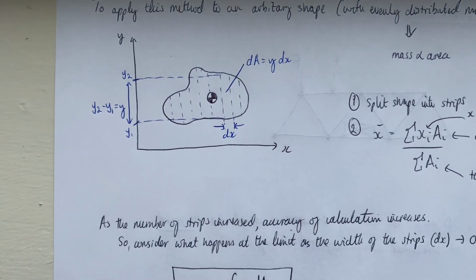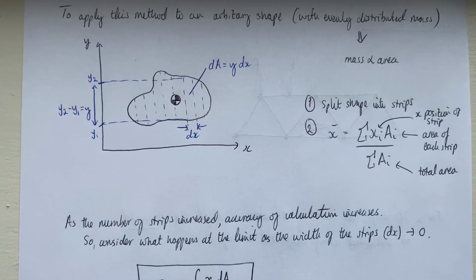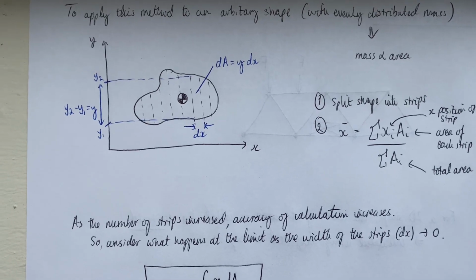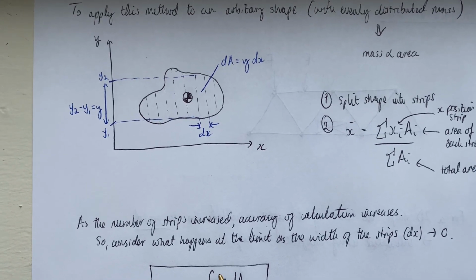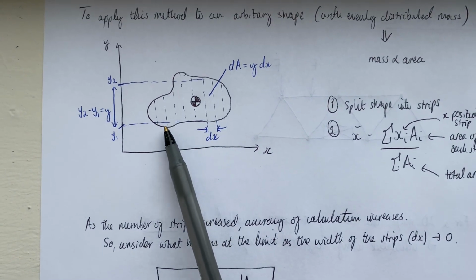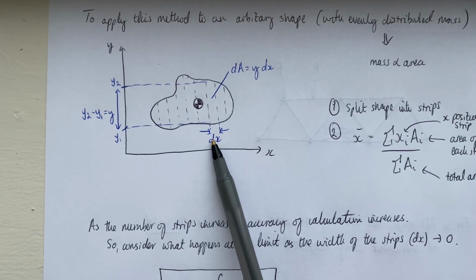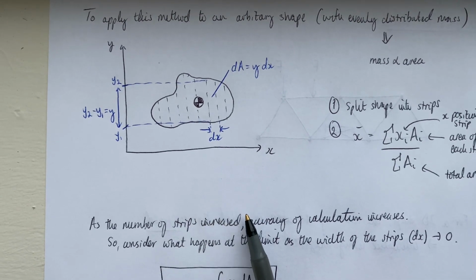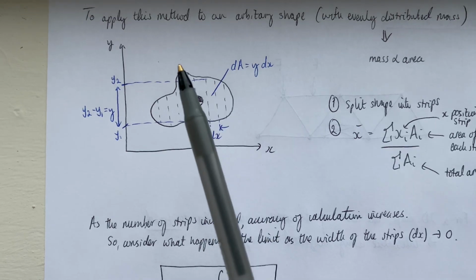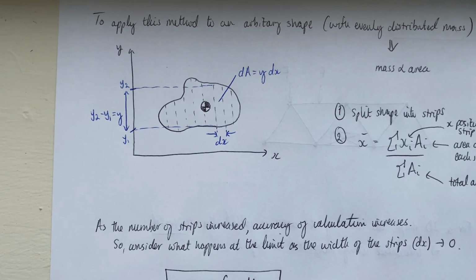But what you will remember from calculus when finding areas via integrals is that as we increase the number of strips, or basically as these widths dx get smaller and smaller, the accuracy of our calculation of the area increases.